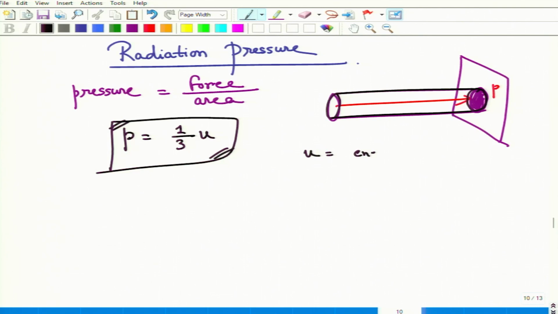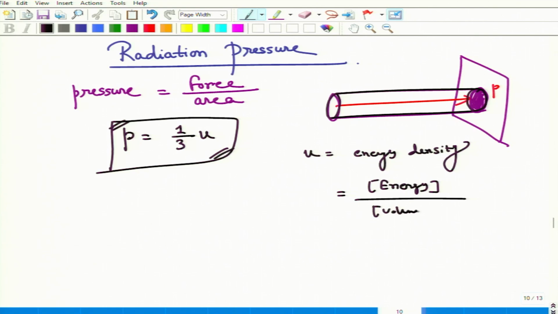It is energy by volume, joule per meter cube. Not square, it is volume, not area, so it should be cube.